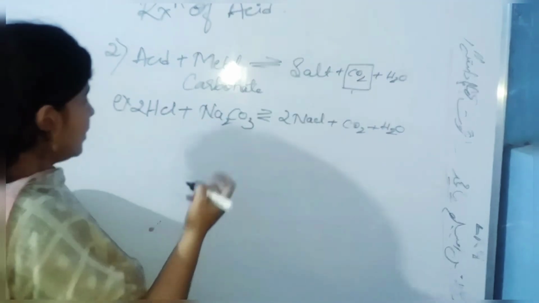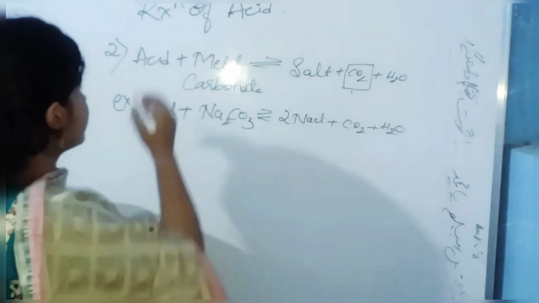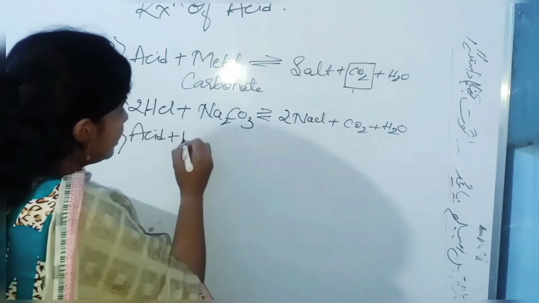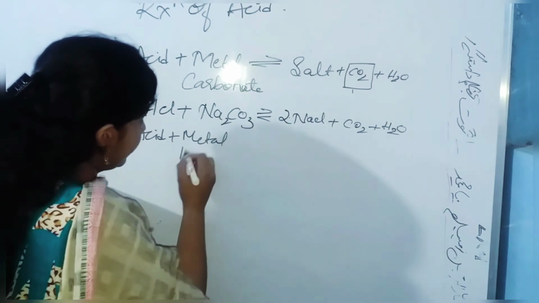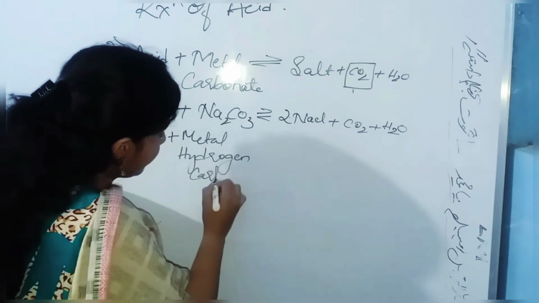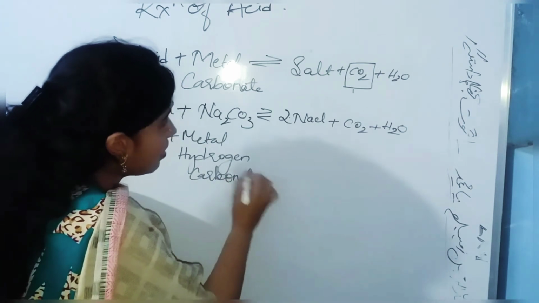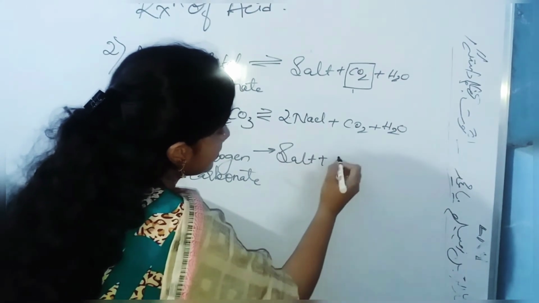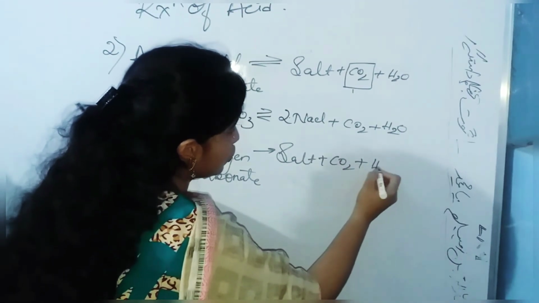One more example is acid plus metal hydrogen carbonate. Here again it is salt plus CO2 plus H2O.